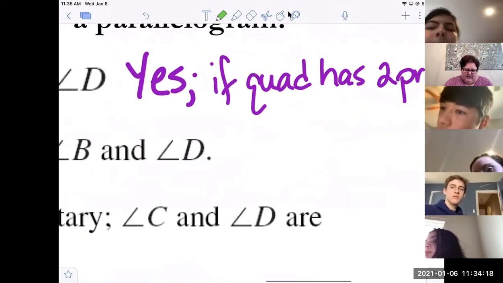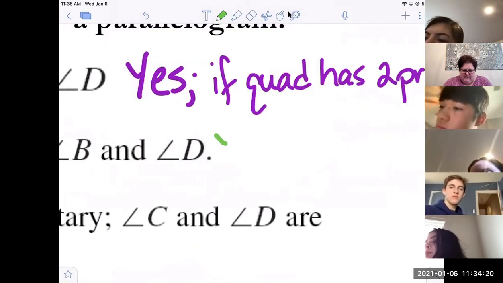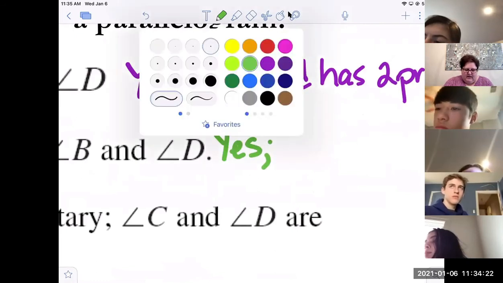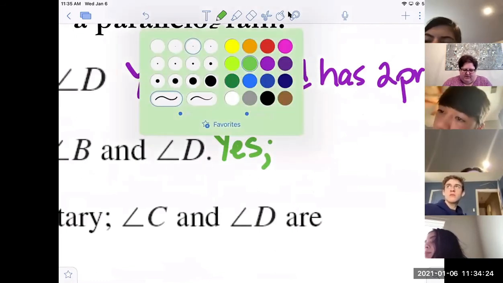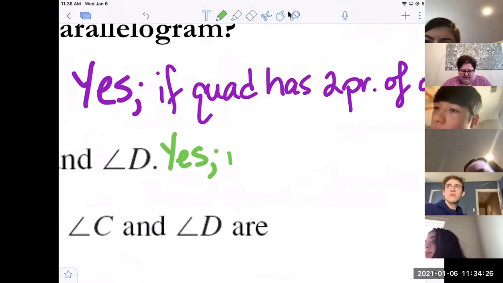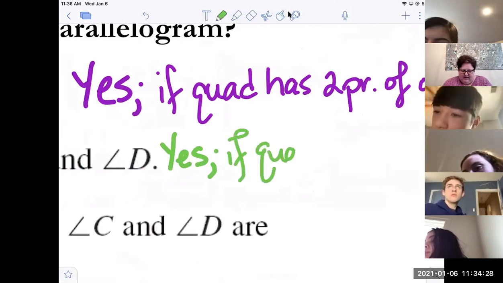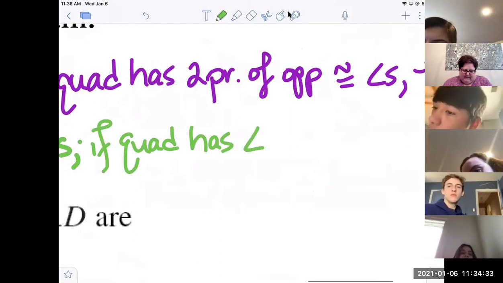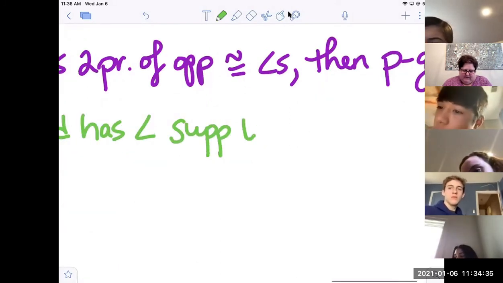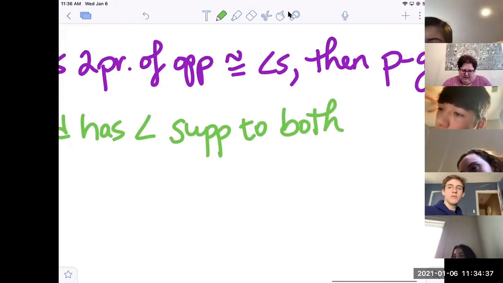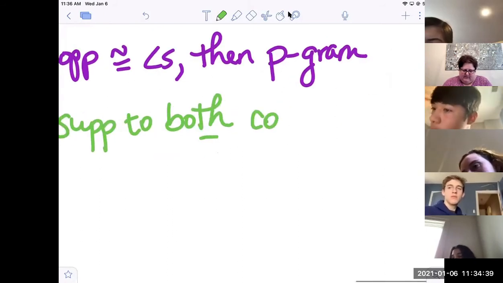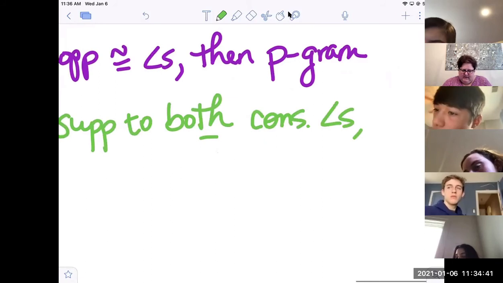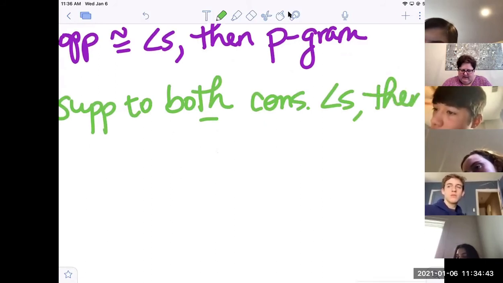Because it has an angle that is supplementary to both of its consecutive angles. Again, we're talking about quadrilaterals that have that property. So if a quad has an angle supplementary to both consecutive angles, then it's a parallelogram.